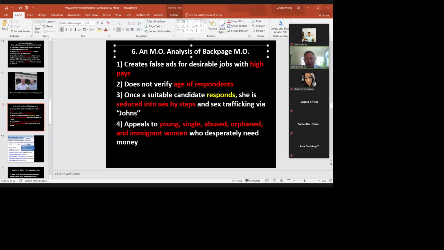So it's a fake advertisement with a highly paid promise. And it does not verify the age of responders, which implies anybody under the age of 18 can apply, because there's no age limitation such as adults only. That is already implied: a minor can apply. Go ahead.